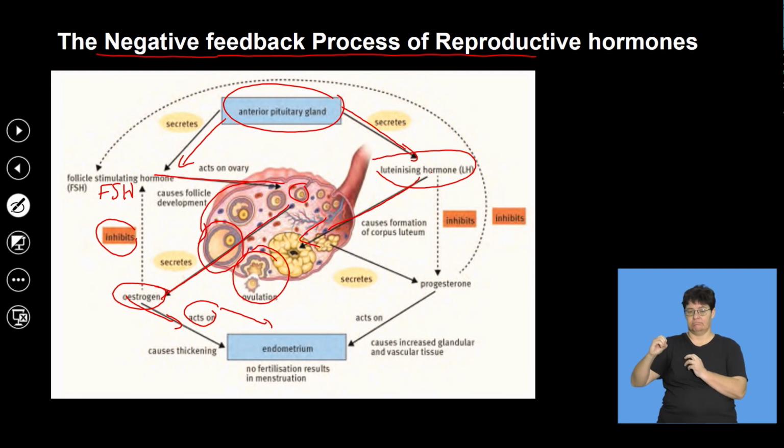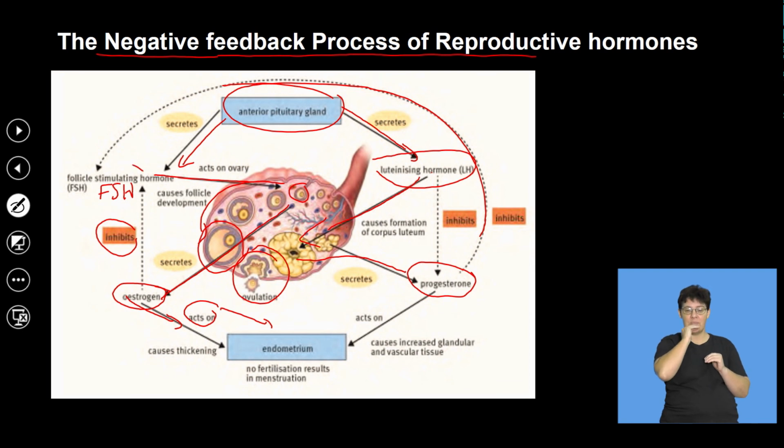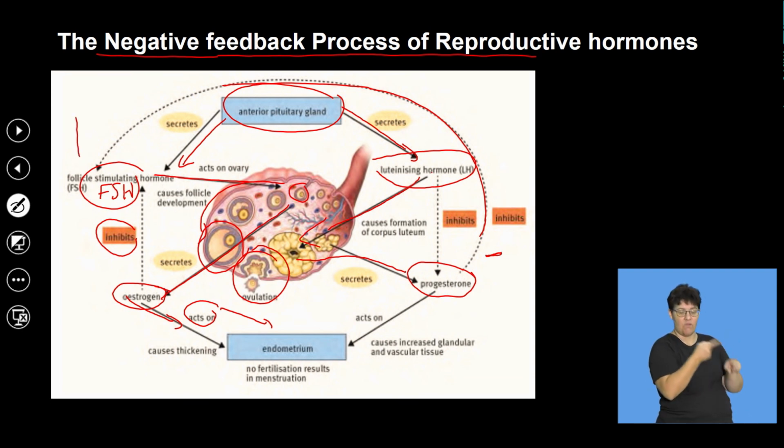This in turn will mean that the corpus luteum then releases progesterone. As the levels of progesterone increase, it will then inhibit the secretion of FSH, which will stop the production of a new egg. And we refer to that as the negative feedback. So the negative feedback of progesterone stops FSH levels and hence stops the production of a new egg.